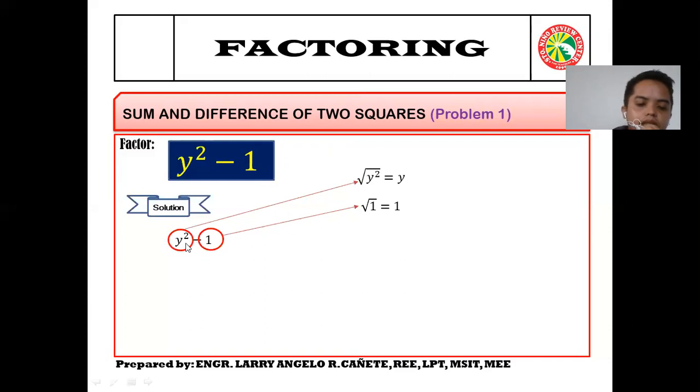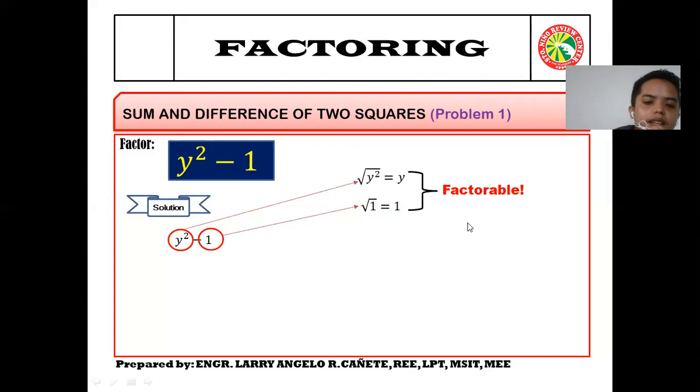After that, if the given expression has a negative sign between the two terms, then that is factorable. So again, the requirements are: the first term can be square rooted, the second term can be square rooted, and there is a negative sign between them. With that, it is factorable.